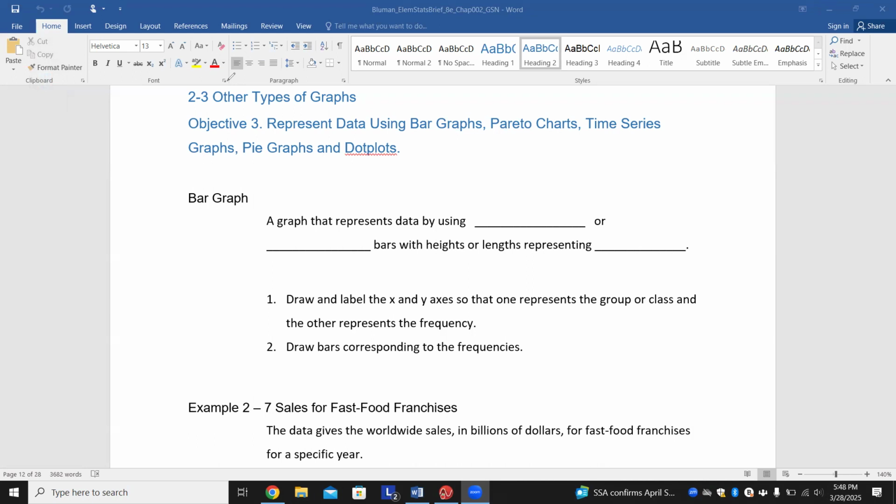We'll start off with our bar graphs. It's simply a graph that represents data by using vertical or horizontal bars, with heights or lengths representing the frequencies of whatever you're analyzing.